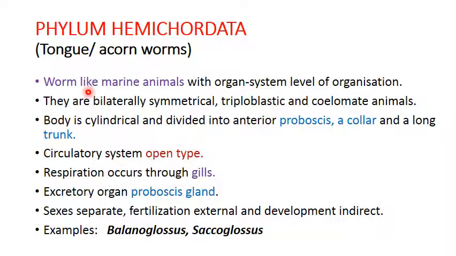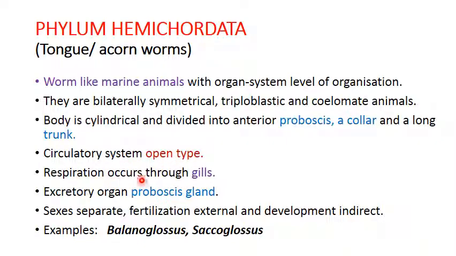So you will find that these are worm-like marine animals with an organ system level of organization. The body is bilaterally symmetrical, triploblastic and coelomate. Now coming to the unique features, the body is divided into three parts: a proboscis in front, a collar, and a trunk. The circulatory system you are going to find will be the open type; we said only annelids were closed type.